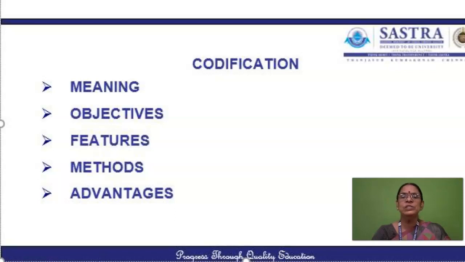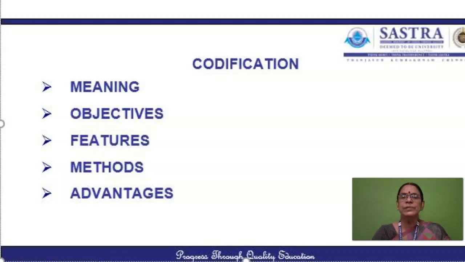The considerations being brevity, logical sequence, flexibility, uniqueness, understandability, and the layout of the codes. Let us now see about the considerations which are to be followed in case of designing the codes for the materials.